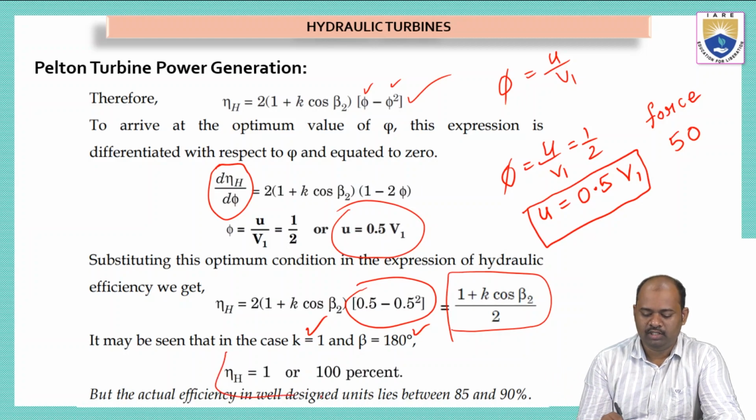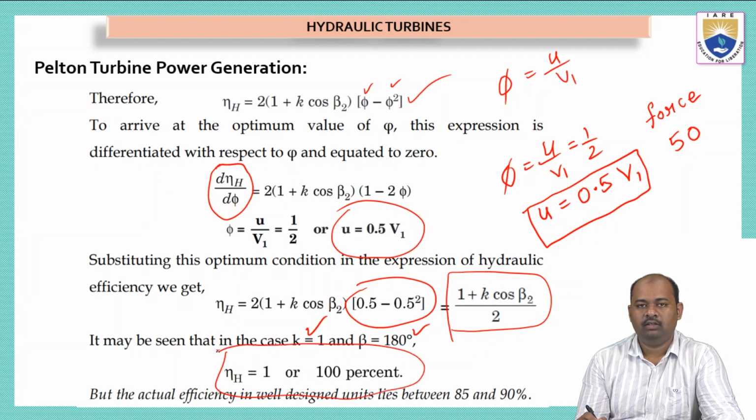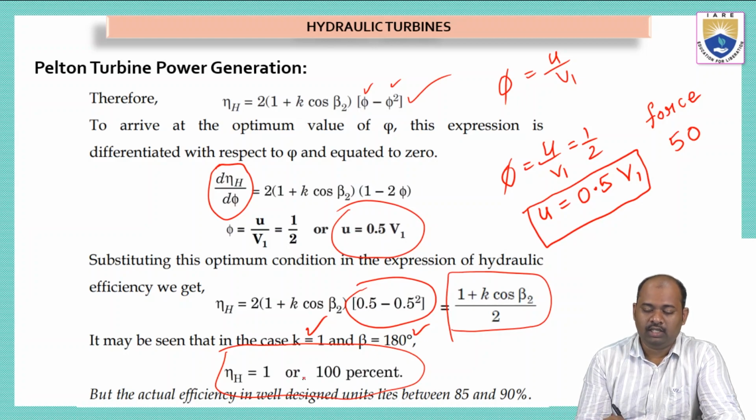So here we can see the hydraulic efficiency is equal to 1, or 100%, when the bucket is inclined at 180 degrees.